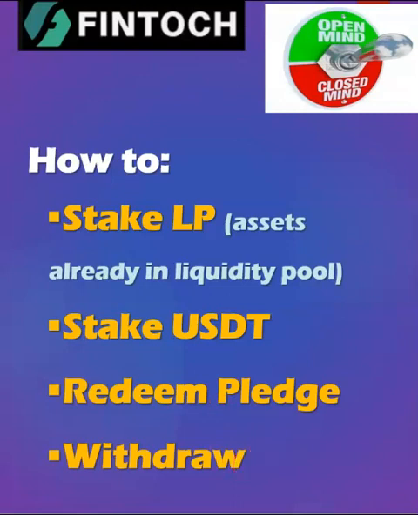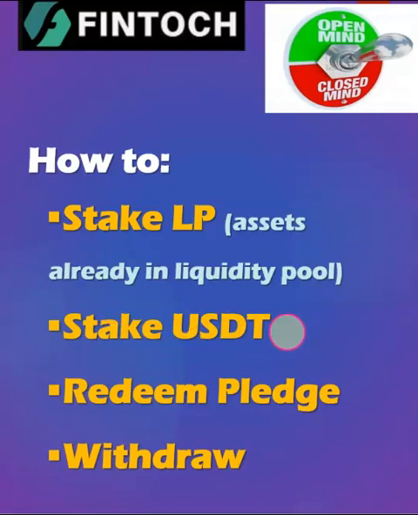Now for this tutorial, I'll be starting off by staking USDT first and foremost, and then I will look at how to stake your LP, that's assets that you already have in the liquidity pool. But I'll start off with showing you how to stake USDT.